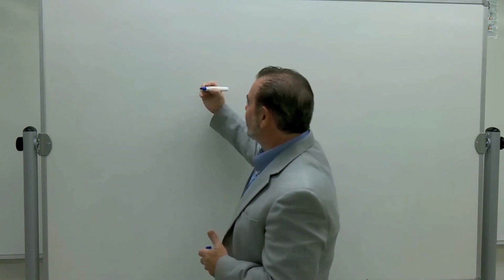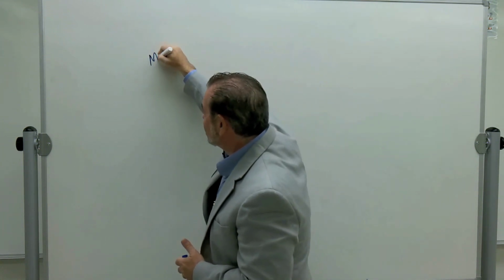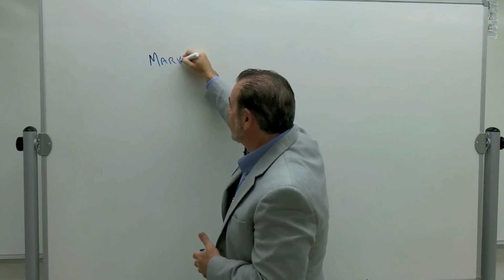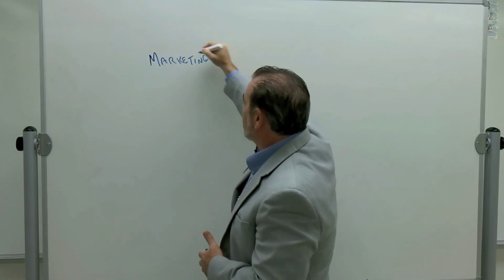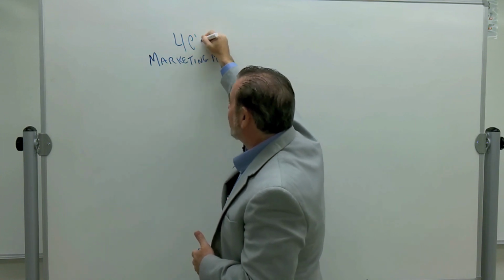All right, so let's think about the first part of putting together your strategy. It has to be what we call the traditional marketing mix, which really is also known as the 4 Ps. So the marketing mix is the 4 Ps, and we'll go ahead and put that up here.